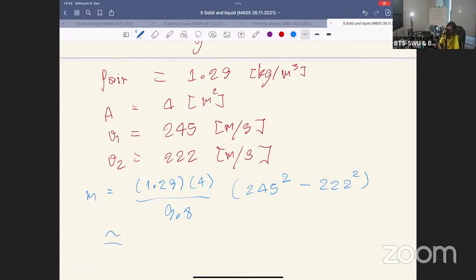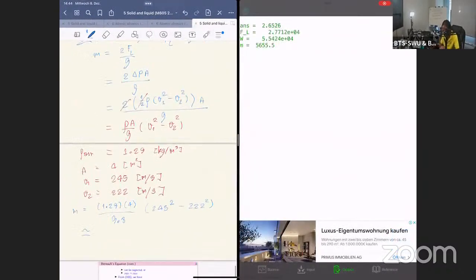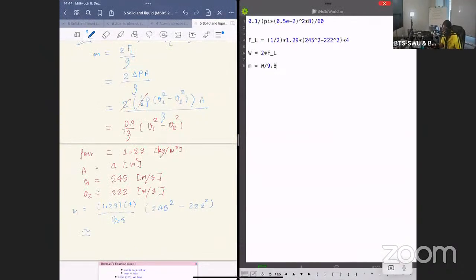If you put this into the calculator, you will get M equals 1.29 times 4 divided by 9.8 times 245 square minus, oh yes, minus, not plus, 222 square.